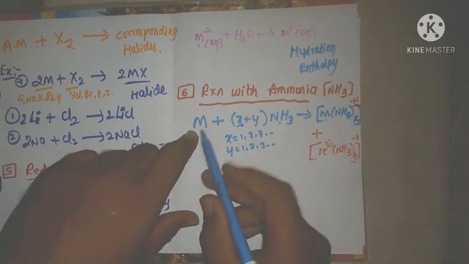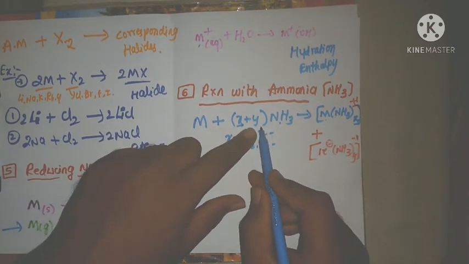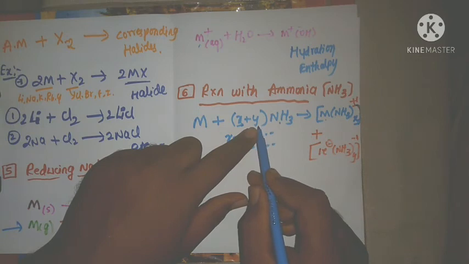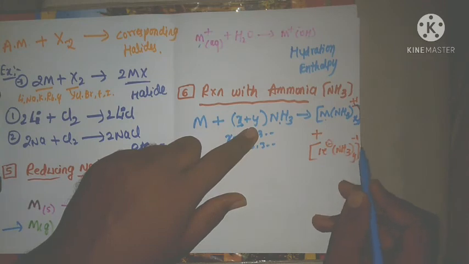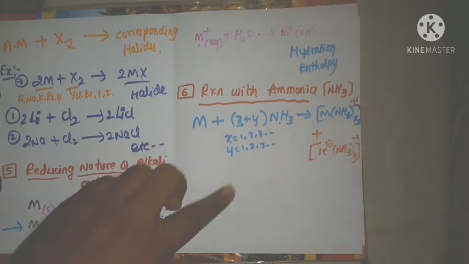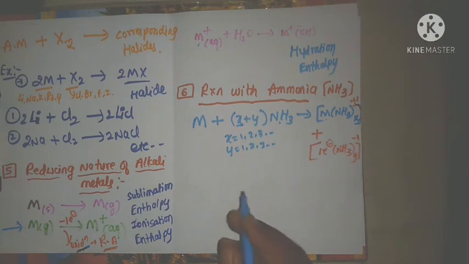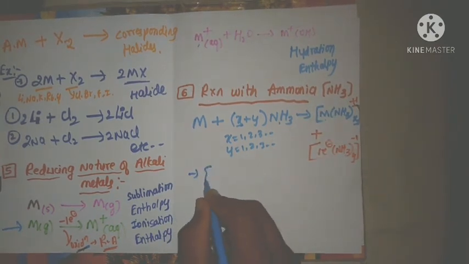And here M is losing one electron. How many times of NH3 are left? Y times of NH3 are left. That one electron combines with NH3 Y times, and the charge will be minus 1.